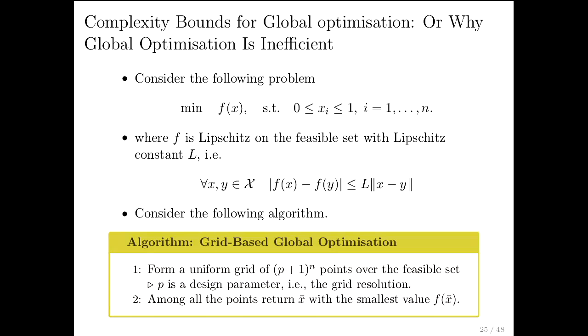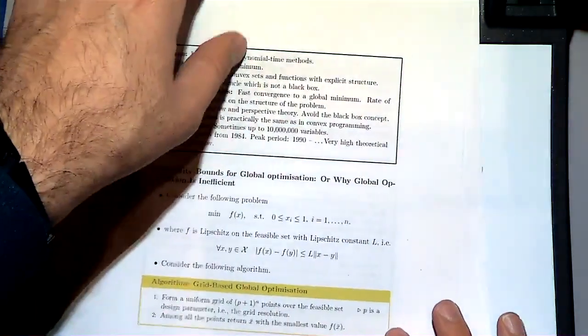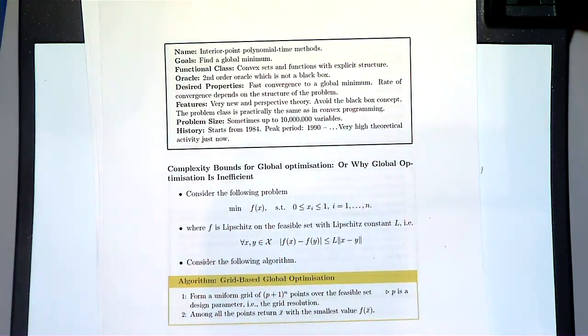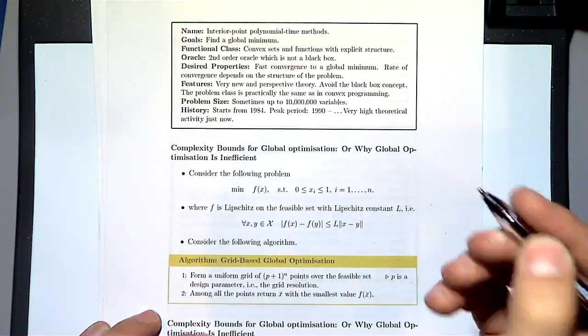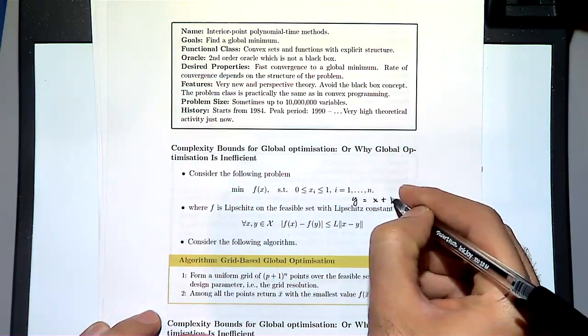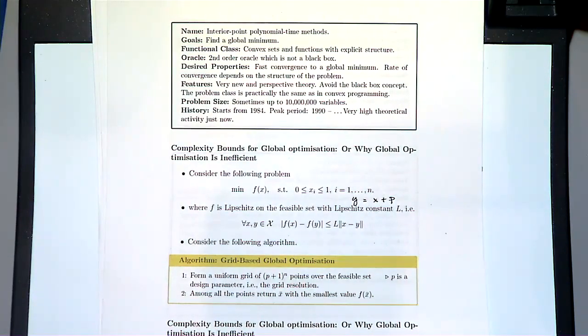Now let's see what it really means. Intuitively, what it says is, if I evaluate the function at point x, and then I evaluate the function at some point y, I can write y as x plus p.